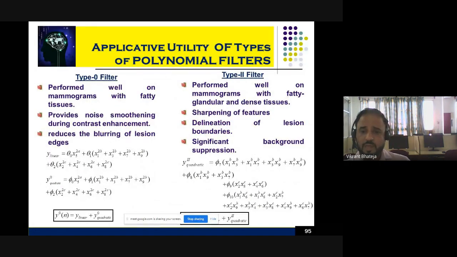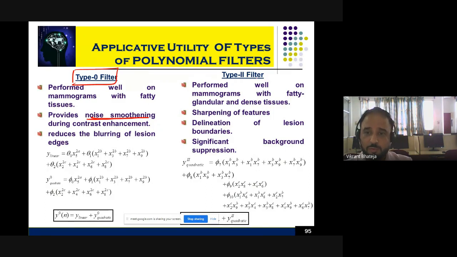Now, experimentally, all these three filters were tried and tested on different types of mammograms, and certain analyses were made. What was concluded was that the type 0 filter was providing very good noise smoothing.